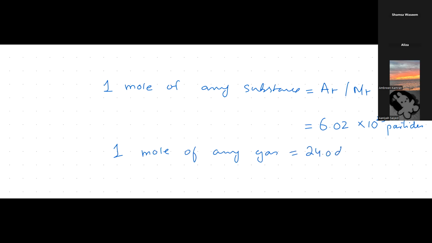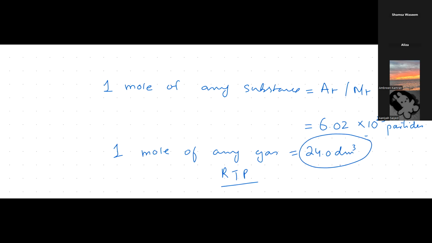That is also known as molar gas volume, but we do not have to use that word. So 1 mole of any gas at room temperature and pressure, 25 degrees Celsius and atmospheric pressure, occupies this much volume, just like 1 mole of any substance contains this many particles.